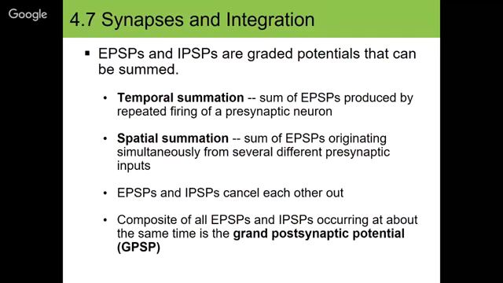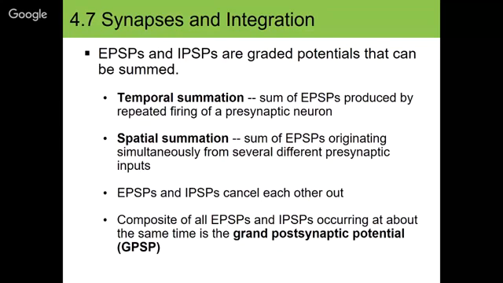Temporal summation is basically when you have repeated firing of a presynaptic neuron, and the graded potentials produced by these repeated firing events are summed in time. So they're so close together that they're actually causing a buildup of the graded potential just because they're happening so close together in time.